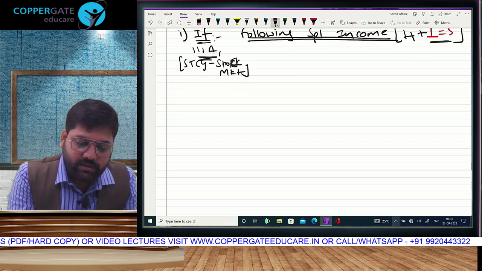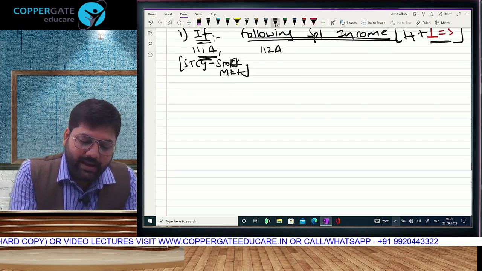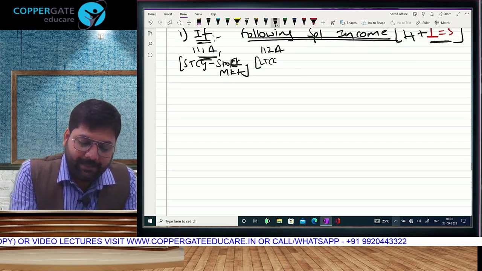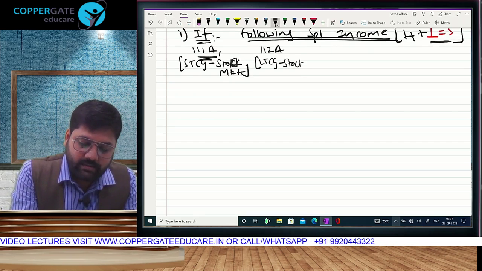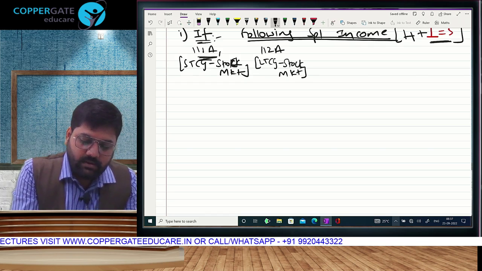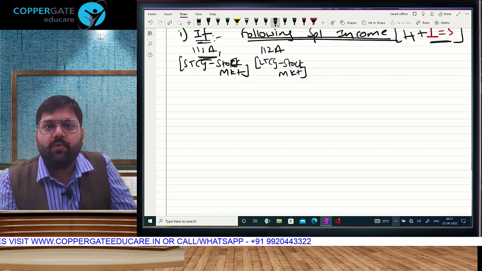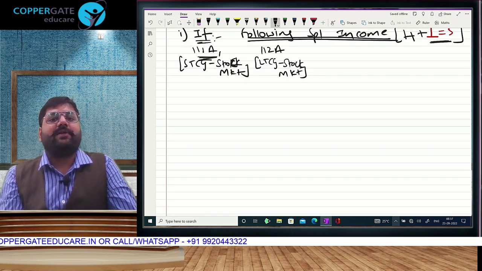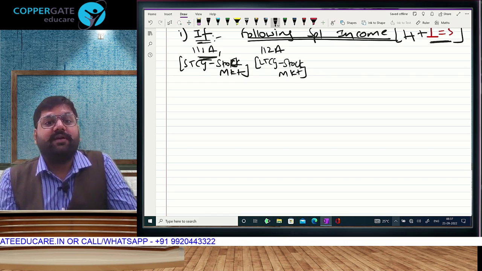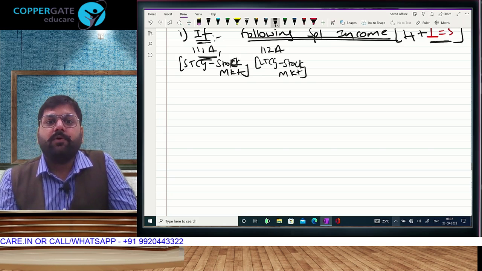If you have got 112A, that is long-term capital gain on stock market. Under this section, it is stated that if you earn any long-term capital gain on stock market, you will pay tax at a special rate of 10%. That also after 1 lakh. So if your gain is 5 lakhs, pay only on 4 lakh.